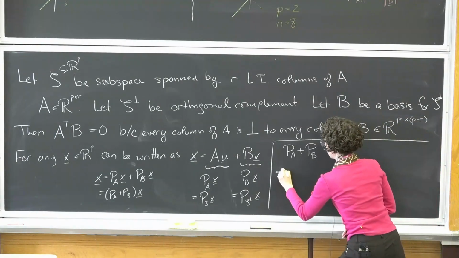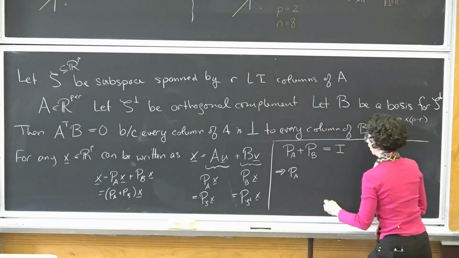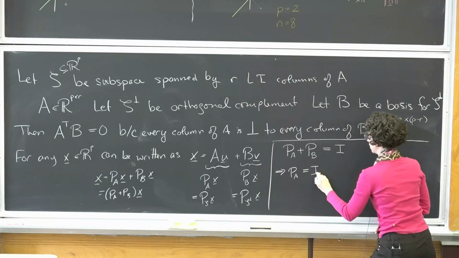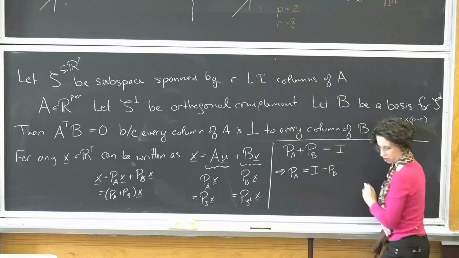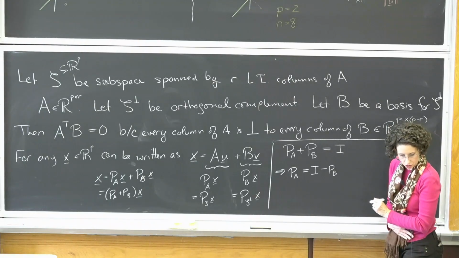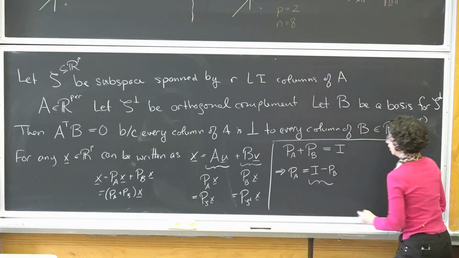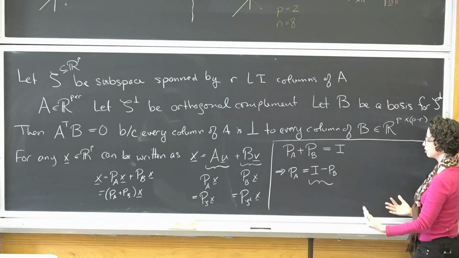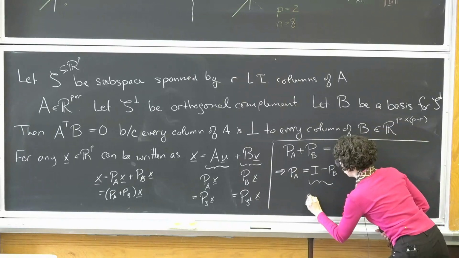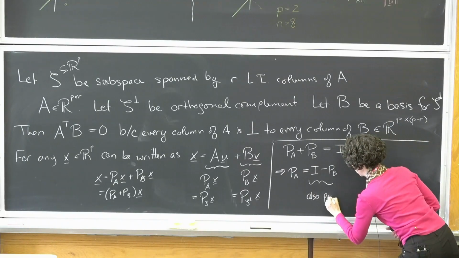So equivalently, the projection onto A is simply the identity matrix minus the projection onto B. And so from there we can say that whenever we have an identity matrix minus a projection matrix, it is also a projection matrix.